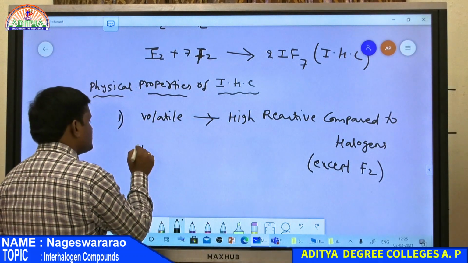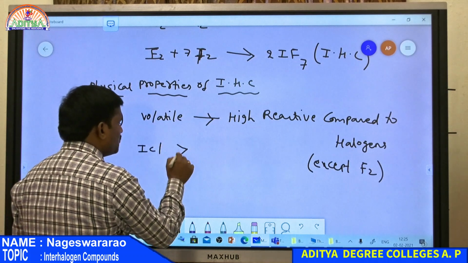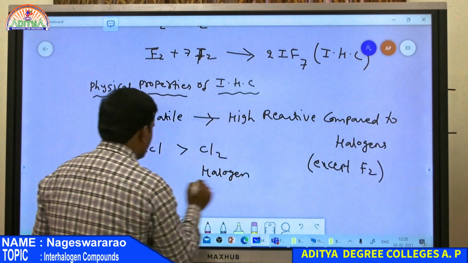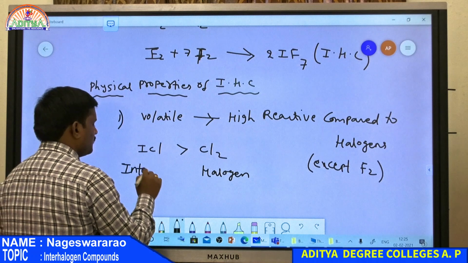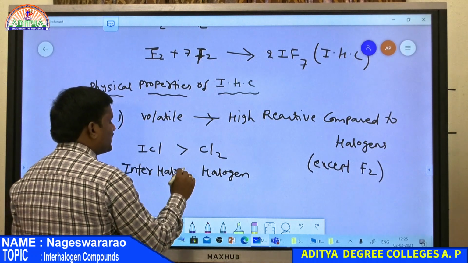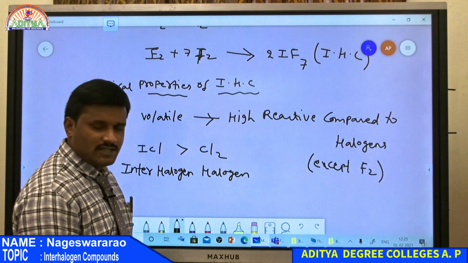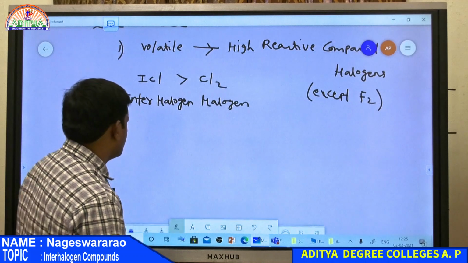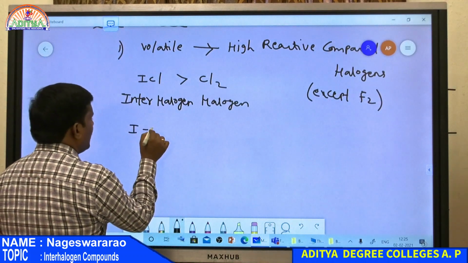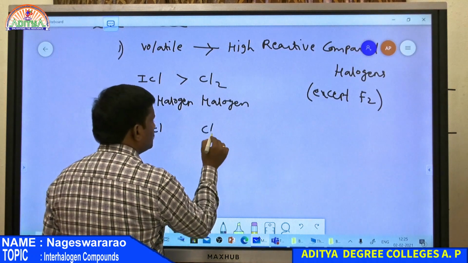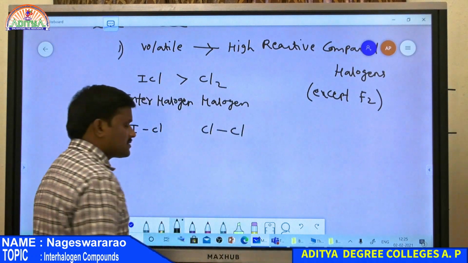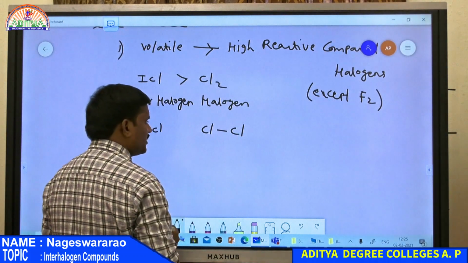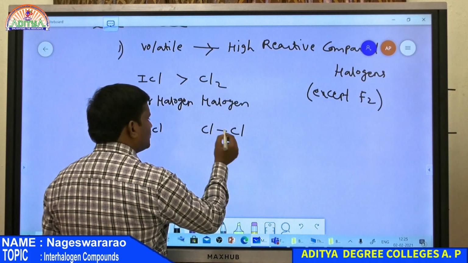For example, ICl reactivity is more compared to Cl2 gas. This is a halogen and this is an interhalogen. Here the reactivity of ICl is more compared to Cl2. What is the reason? Again look at the bond strength. In ICl there is a bond between iodine and chlorine, whereas in Cl2 there is a bond between the same atoms, chlorine atoms. Both chlorine atoms are highly electronegative, so they are always attracted towards each other.